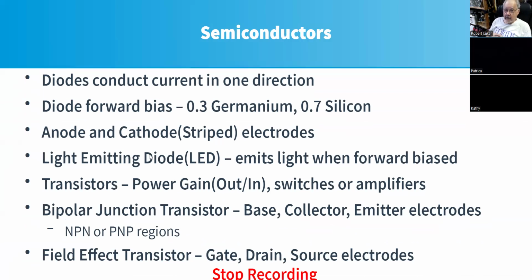Okay, then we got into semiconductors, and we talked about diodes, which is the most basic semiconductor. It consists of a junction of a piece of P material and N material that can be made out of germanium or silicon.